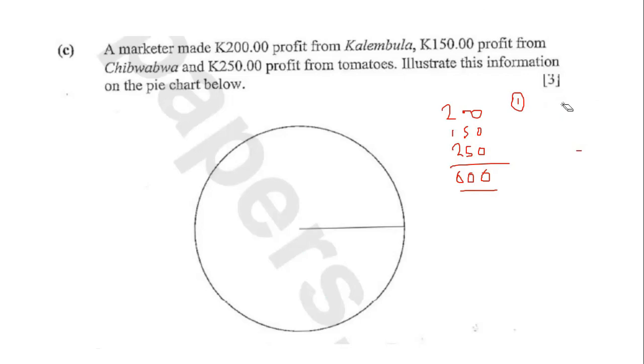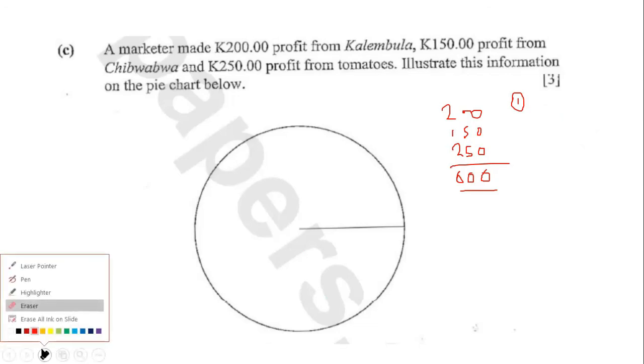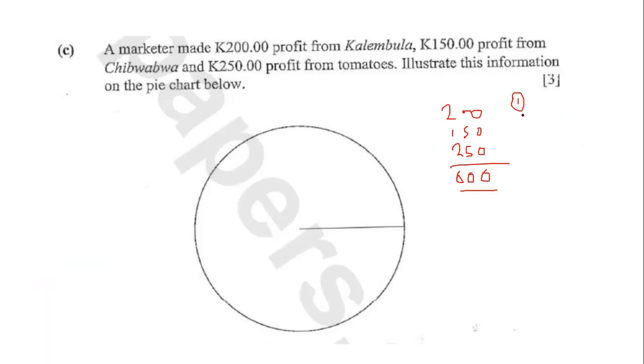All right, so here we have to write these simple ratios. We are saying 360 degrees should be equivalent to 600 kwacha.